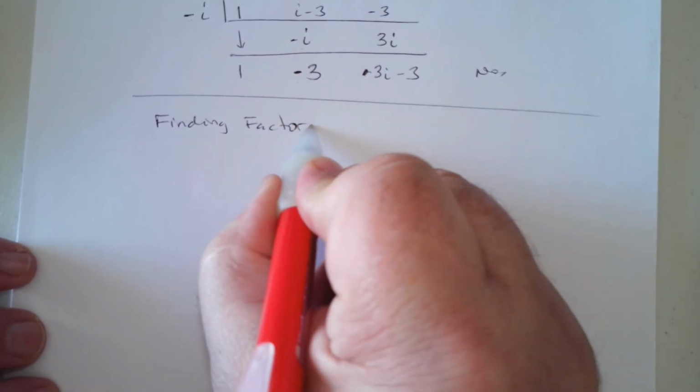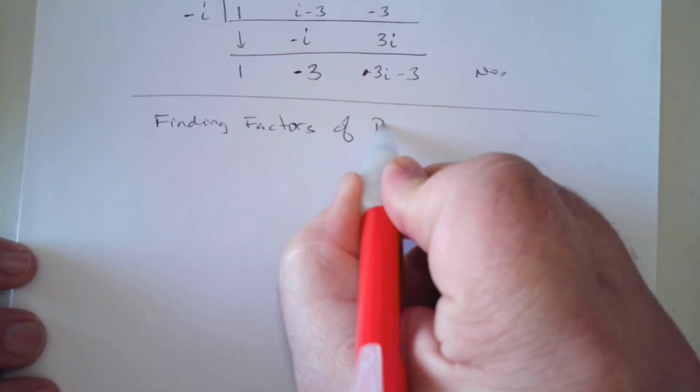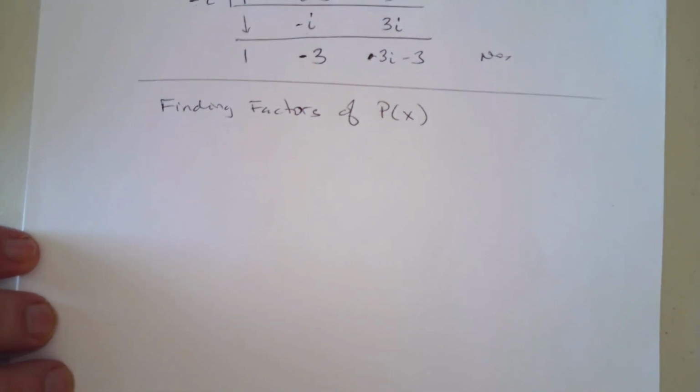So, now let's put it all together. Let's find factors of a polynomial p of x.